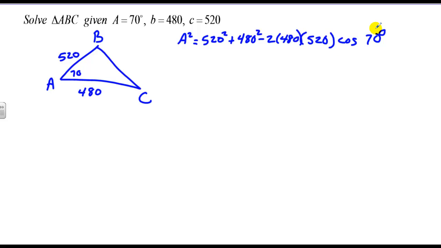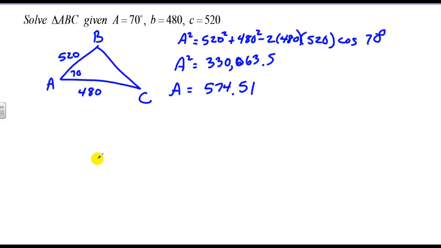Plugging that into a calculator, we get a squared equivalent to about 330,063.5. Square root that. A is equivalent to about 574.51.